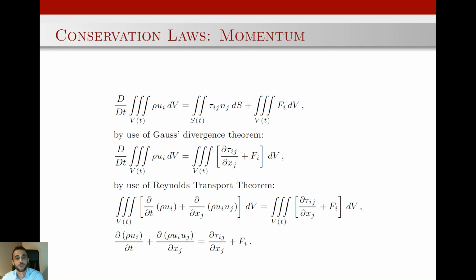Same as before, we wrote this equation for an arbitrary material volume, arbitrary group of fluid particles. And here the only way that this could be correct at all times in space is if the integrand of the left-hand side is equal to the integrand of the right-hand side. That is, if we have this equation.